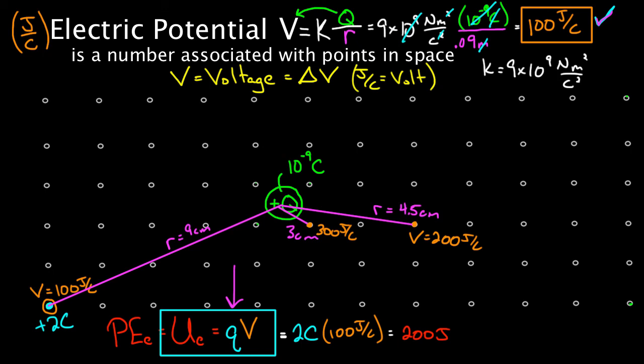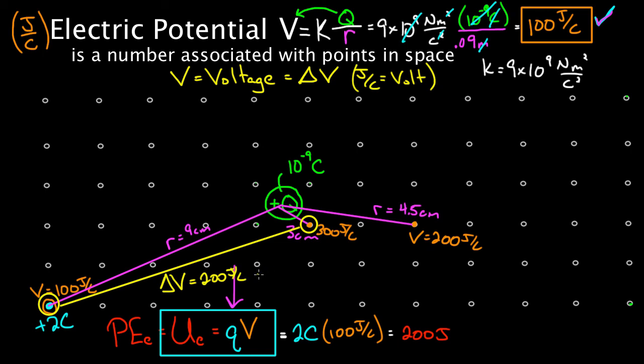What am I talking about? Well, look at this point's 300 joules per coulomb. This point over here, 100 joules per coulomb. So the delta V, if I were to take delta V between these 2 points right here, and I asked what's the difference in V? Well, the difference in V is 200 joules per coulomb.